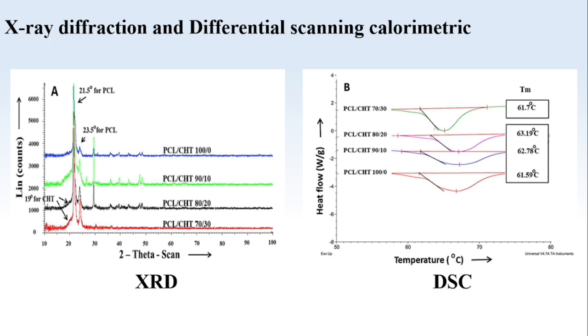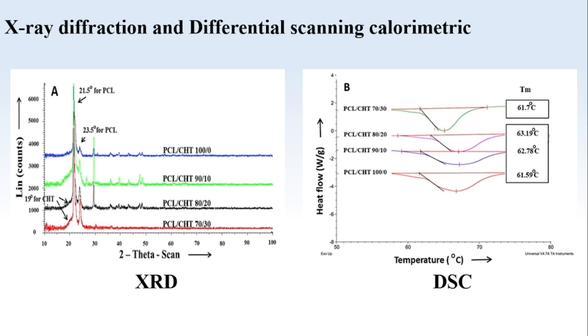Pure PCL typically melts at 60 degrees, while chitosan degrades at a very high temperature, around 270 degrees, before melting. Determining the glass transition or Tg of the chitosan using conventional thermal techniques remained challenging despite some effort.